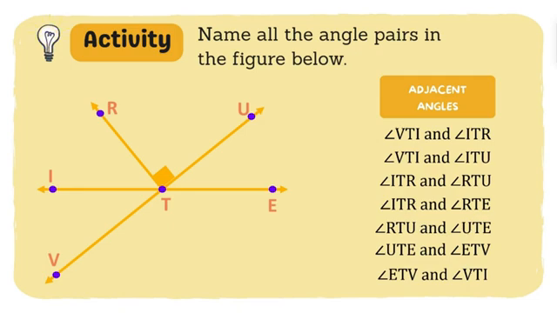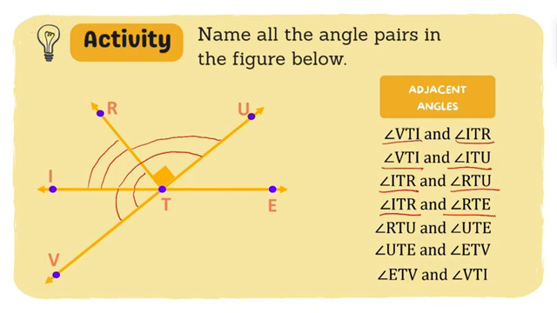Isa-isahin po natin. Angle VTI, asan po siya? Andito, VTI. Angle ITR. Ito, katabi niya po si ITR. Katabi niya rin si ITU. Angle ITU. Next, ITR. Katabi niya si RTU. Next po, ITR and then RTE. Ito po yung RTE.